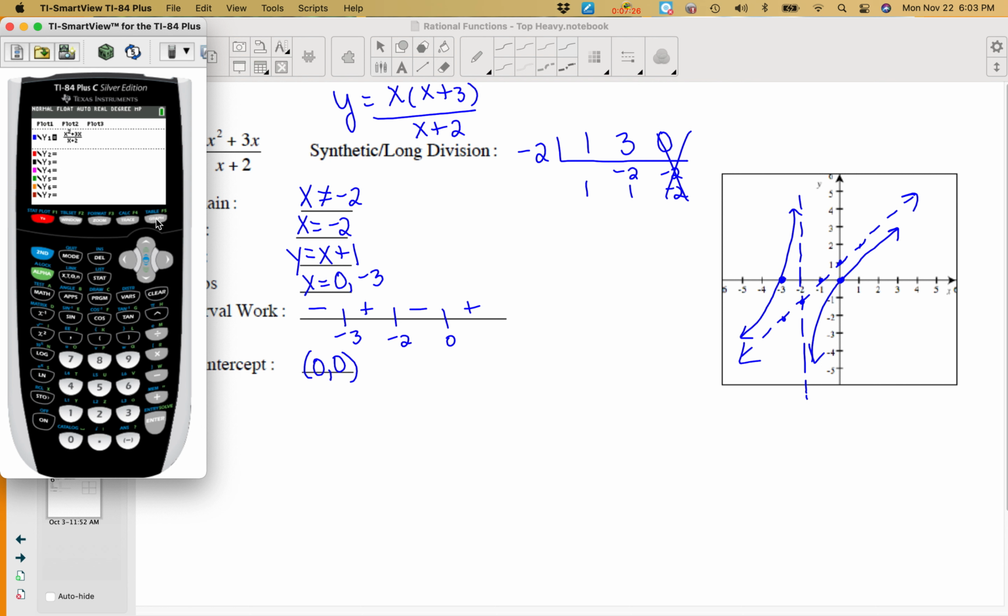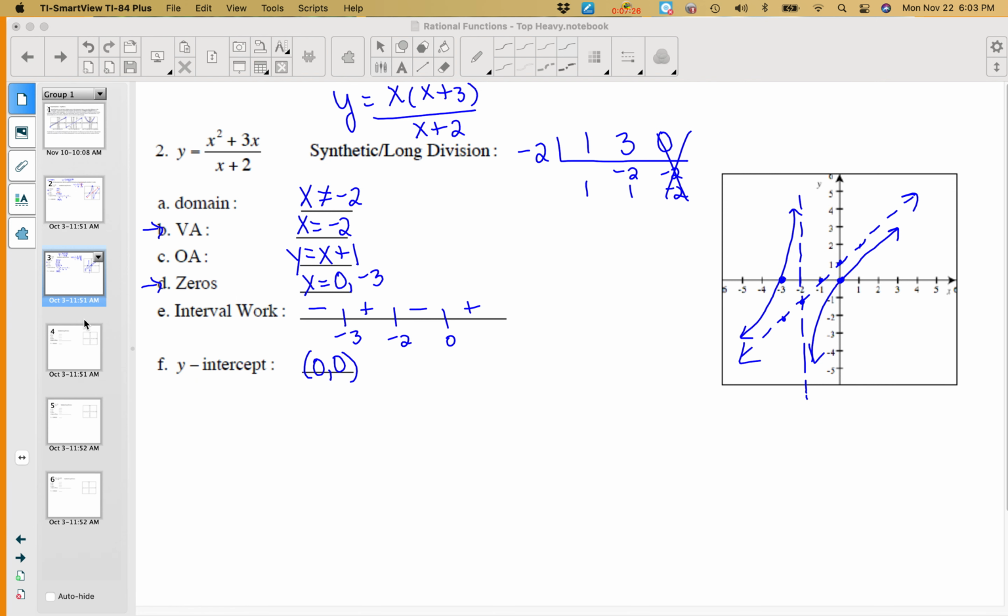So then if we graph this, this is what we get. Now you might notice that maybe all my corners are not as sharp as this one, but you can kind of see that it's a good sketch of our graph. Okay, then going on.